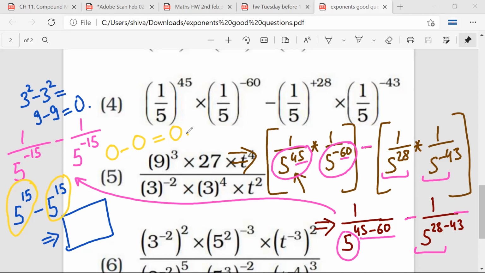Exponents basically gets into all kinds of sums, and people get very edgy when they are dealing with these kinds of things. Any question you want to ask? No, sir. So this would be equal to 0. Any doubts still? No, sir.